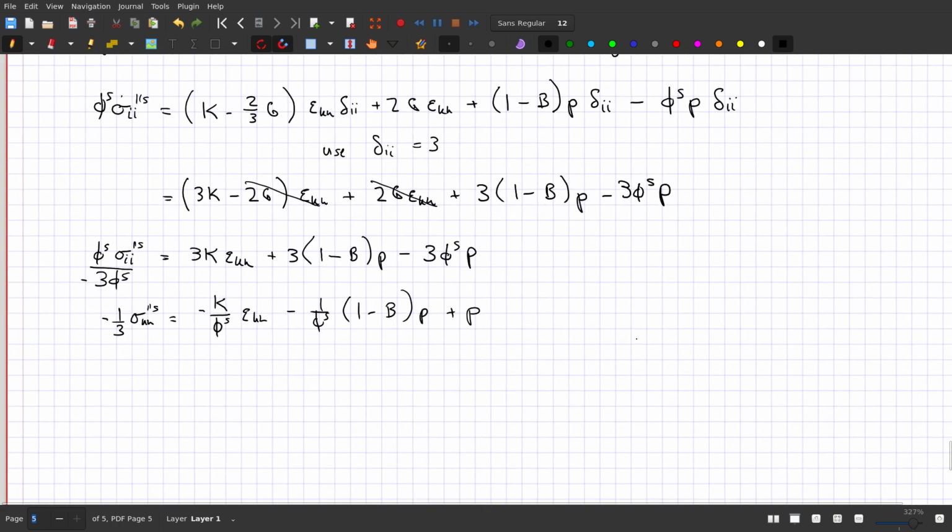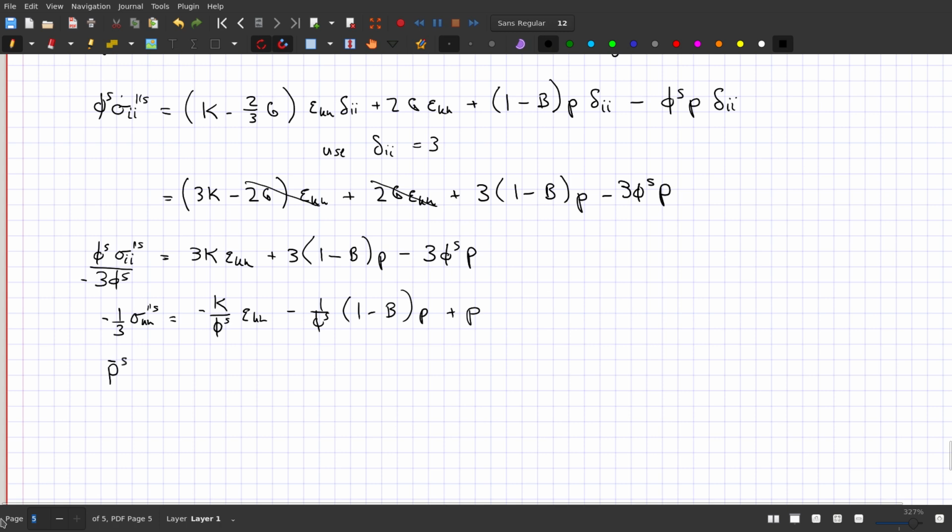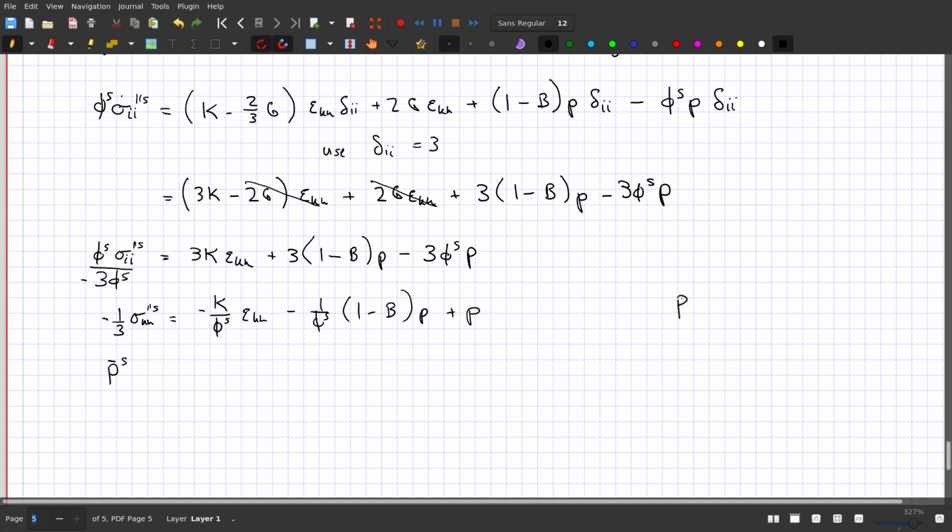And this thing over here on the left, by definition, we're going to call P bar of S, just using our standard definition where we've called the pressure of a solid, but now we're talking about the intrinsic solid, is equal to minus 1/3 sigma kk.